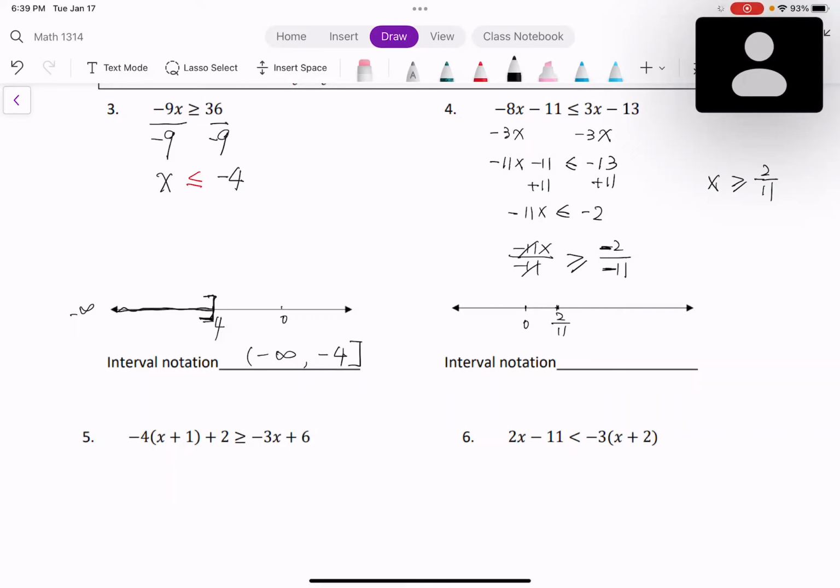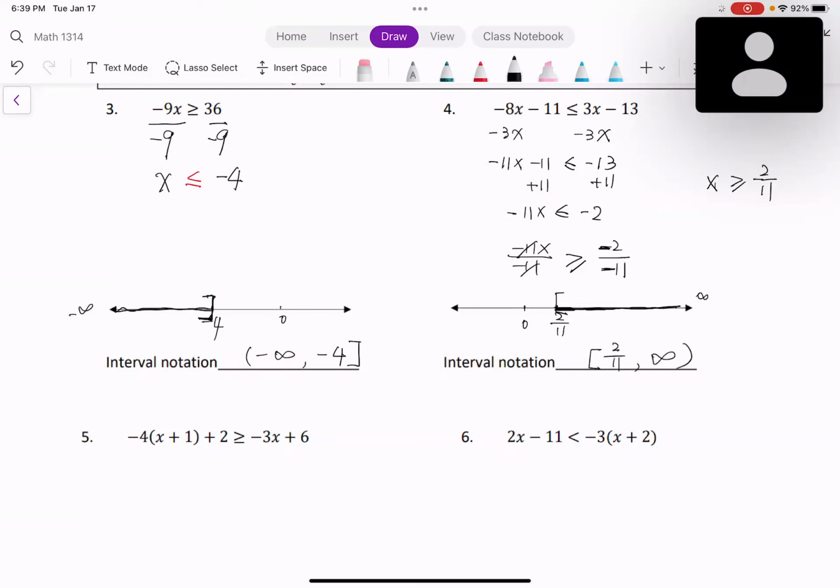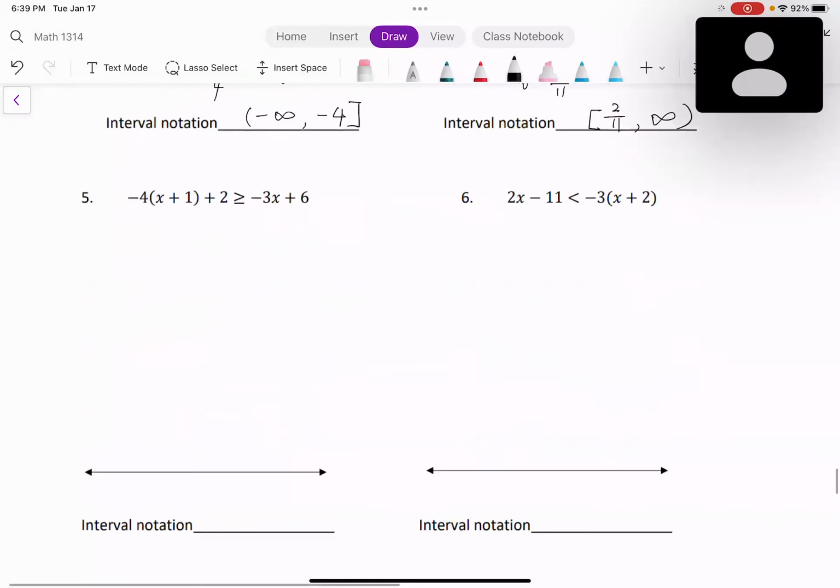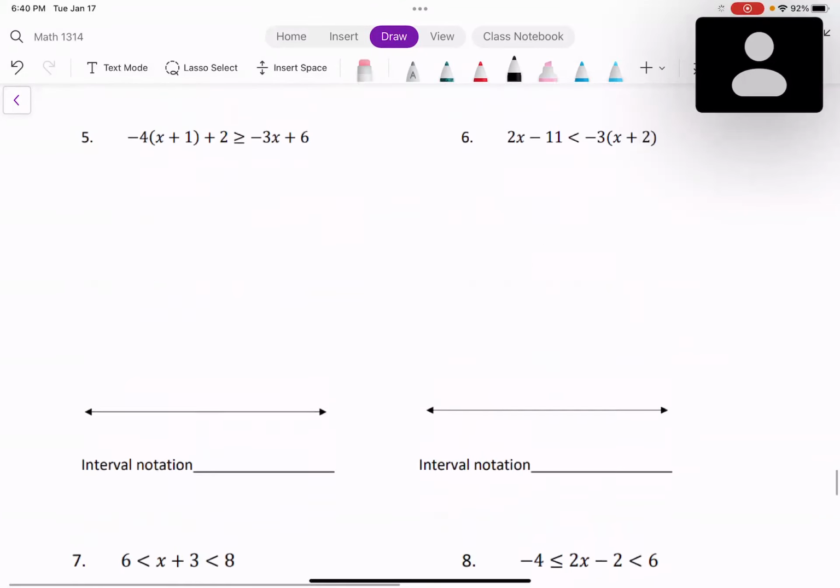X is greater than, that means it could be a number 1, 2, 3, 4. It's on the right-hand side. And 2 over 11 is included in my solution. I use brackets. Interval notation is from 2 over 11 to plus infinity, or you just say infinity. Let's see the next 2 examples.